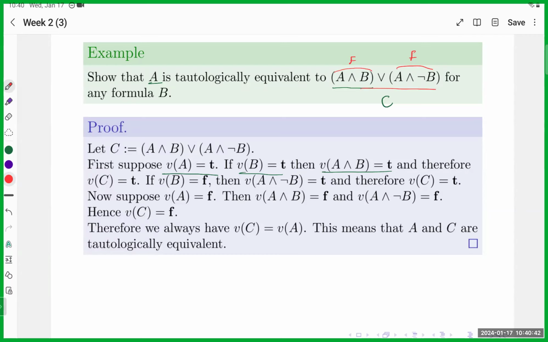So the argument might take a few steps, but it's generally easier than truth tables. And in some other more complicated cases, when you have more complicated formulas, it could be significantly easier to argue without the whole truth table.